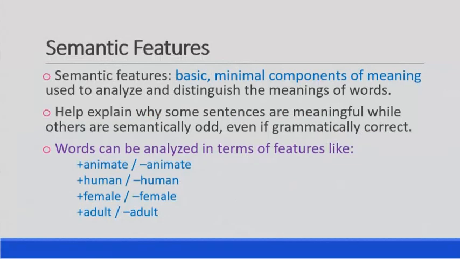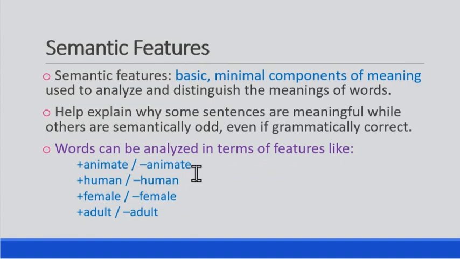Semantic features, meaning the basic, minimal components of meaning used to analyze and distinguish the meaning of words, explain why some sentences are meaningful while others are semantically odd, even if grammatically correct. So it is used to analyze the meaningful sentence.